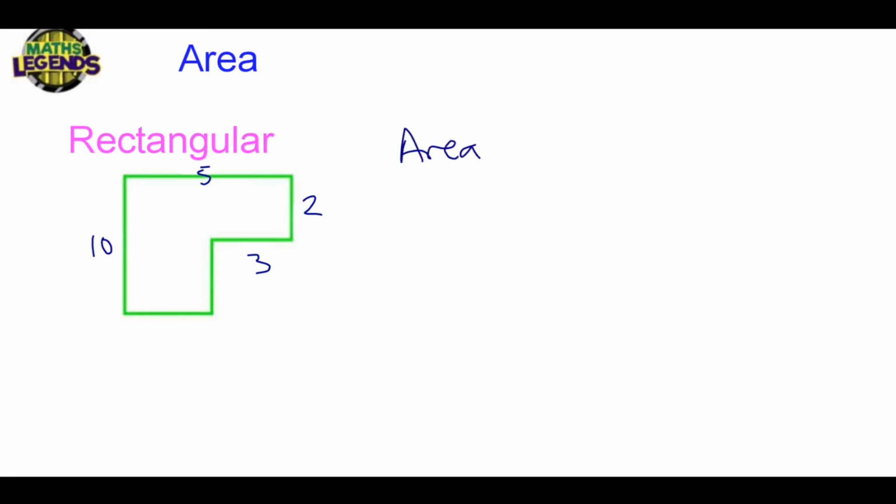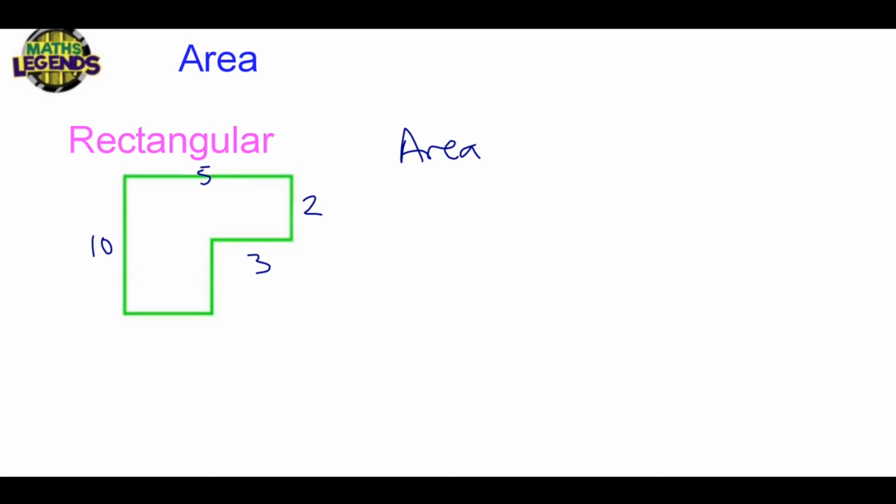What we can do is break this down into shapes we know how to calculate the area of. For example, we can break this into 2 rectangles by drawing a line here, or we can do it by breaking it down this way. Again, we have 2 rectangles, 1 and 2.